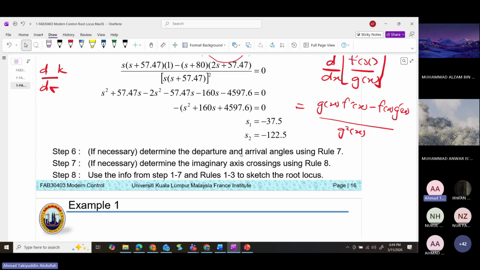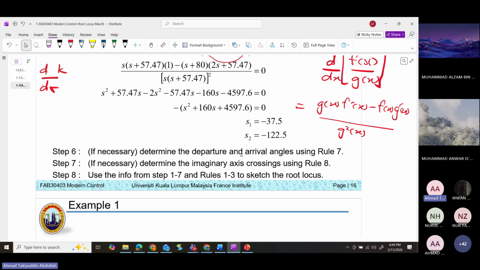But other than that, we can actually know about the existence of step number 6 as we look at the locations of our poles and zeros. I'm going to explain step number 6 and 7 once we have problems that must have the consideration of these steps. Then I'm going to discuss further on that.